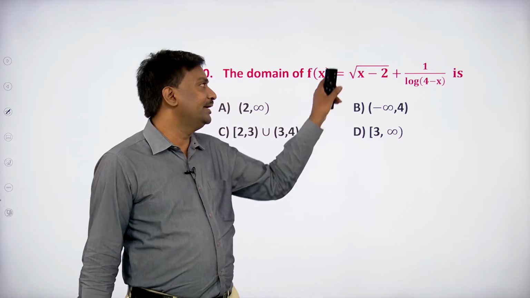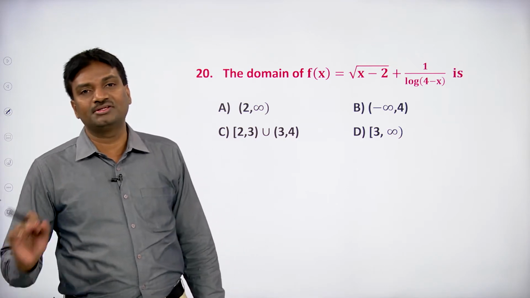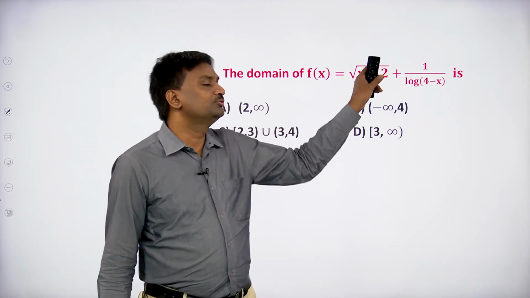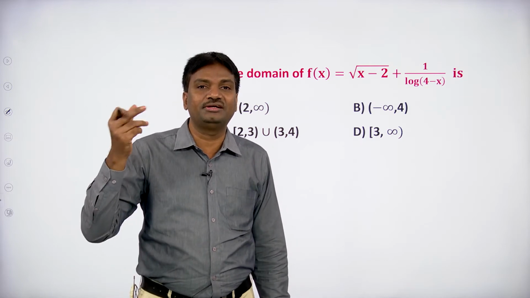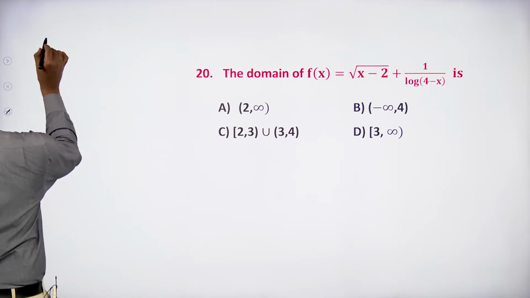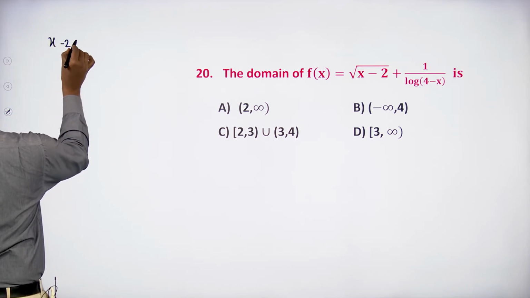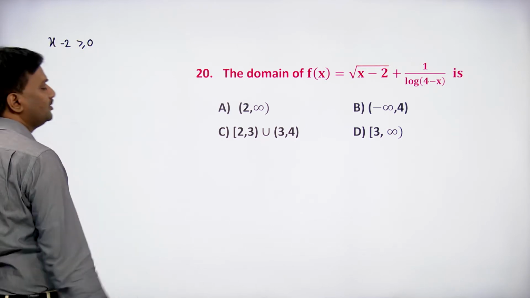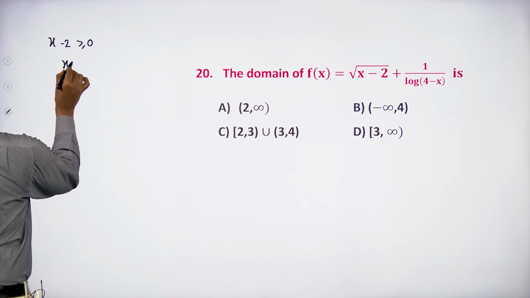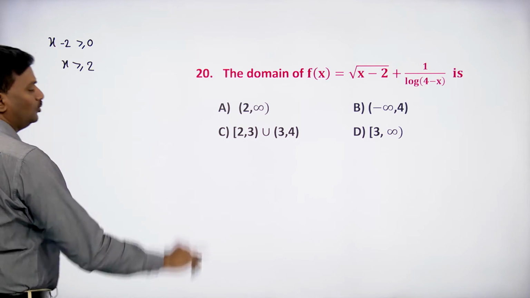But if you take a negative real number in place of x minus 2, then that is not defined. So that's why the value square root of x minus 2 is defined only when x minus 2 is greater than or equal to 0. If you take minus 2 to this side, x greater than or equal to 2.